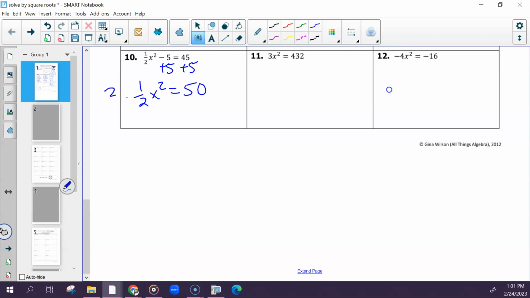Now we can multiply, yes. We have x squared equals 100. We take the square root of both sides. What would that be? Plus or minus? You guys are going to get annoyed of that. But if you don't put that, you're going to miss points, because you need to have both.